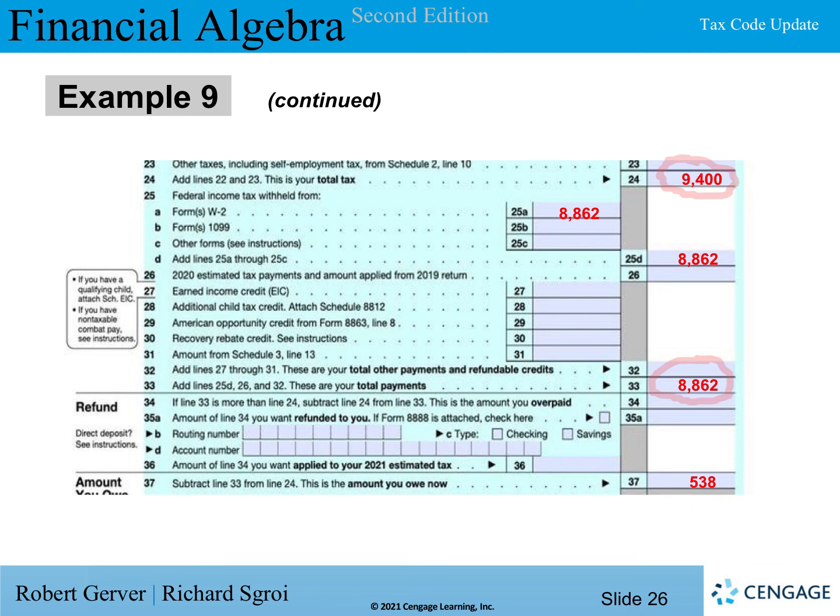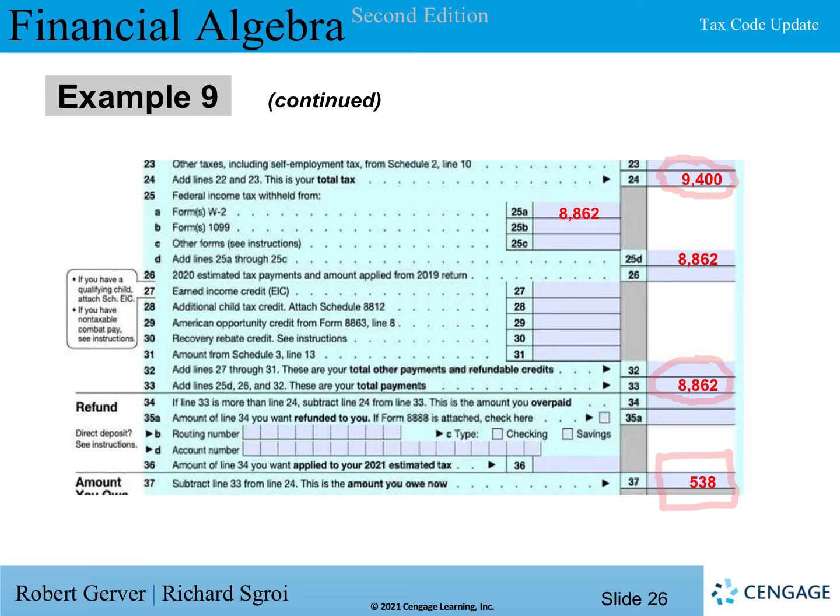So notice that the payments that were made are less than the amount that they owe. So the difference of these two numbers is the amount that they have to pay with their tax return. So they have to pay $538, mail a check in with their tax return. They're not getting a refund, they're actually having to pay a little bit of money extra.